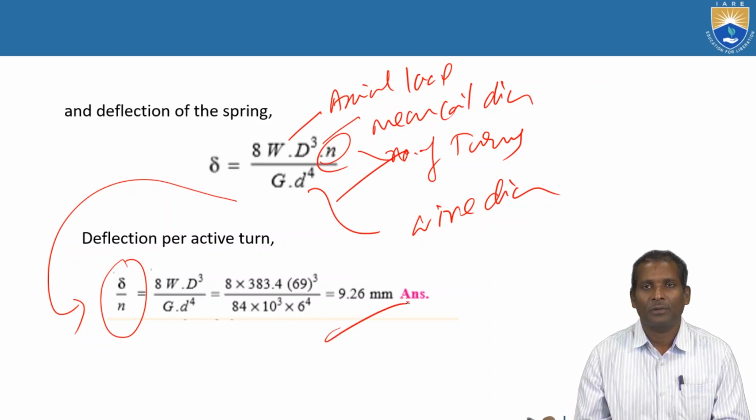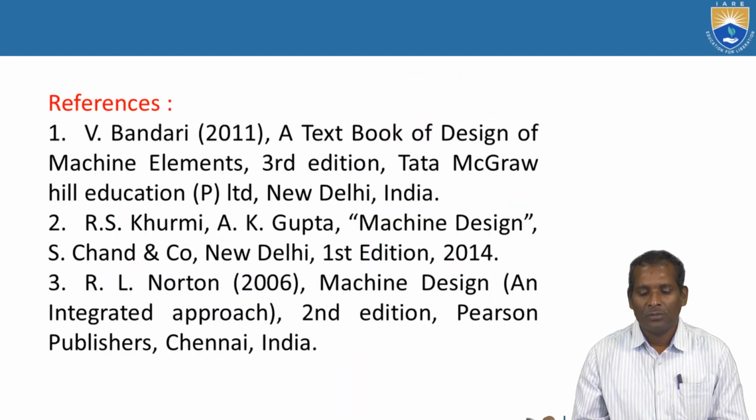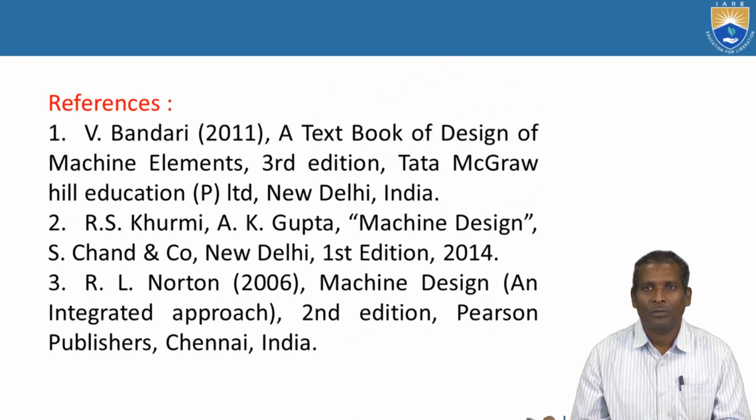Finally the deflection per active turn we get is 9.26. So like this we need to calculate the given problem.